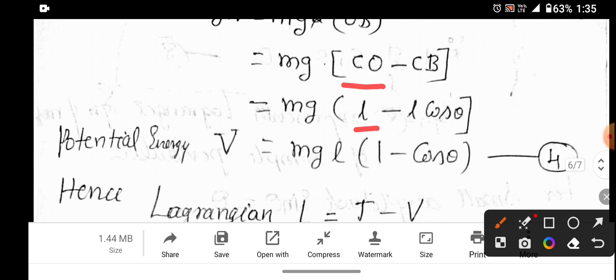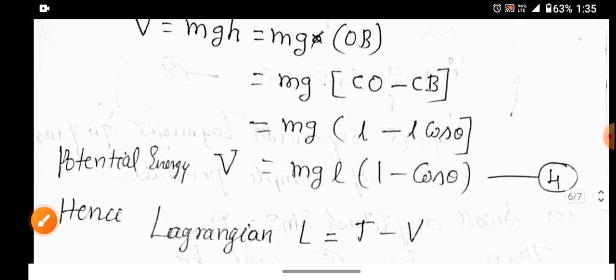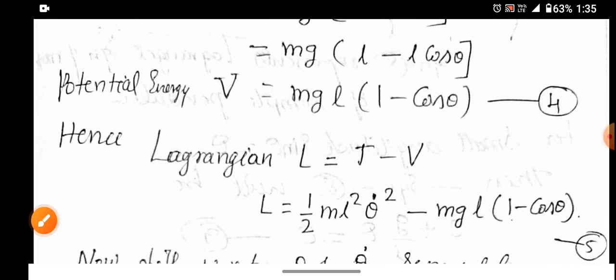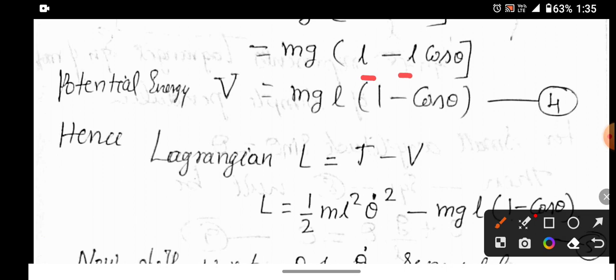Cos theta is equal to adjacent divided by hypotenuse. In this way we get CB is L cos theta. L is common here, so we take L common: V is equal to mgL into 1 minus cos theta, let it be equation 4.